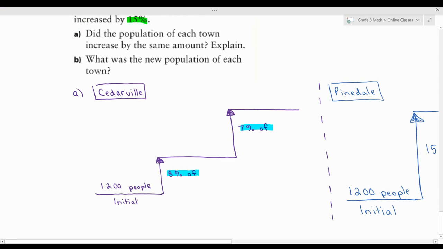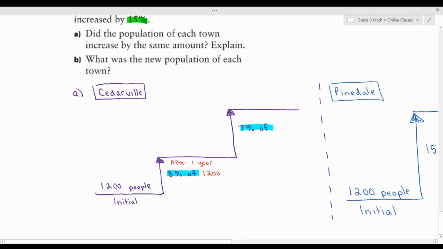All right, so I don't know the date, they just say some year, there's 1,200 people. All right, now year one, so I'll put here after 1 year, they tell you that it grows by 8%. So I now have to find what is 8% of that population. So what is 8% of 1,200? All right, so a couple options, change that to a decimal, just use your calculator, it's up to you.